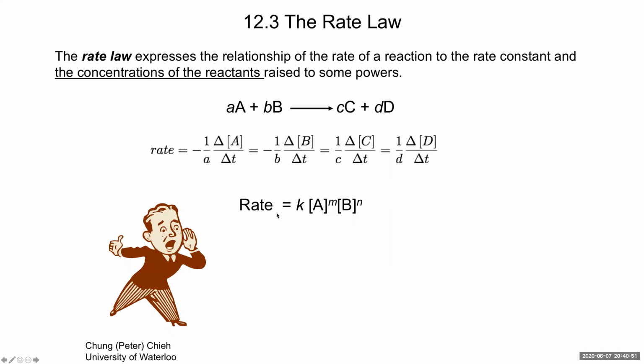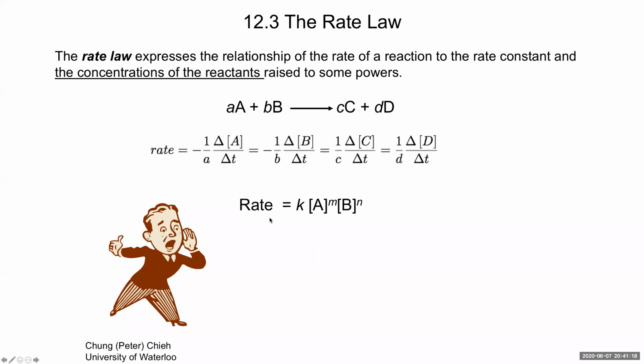Since the rate is proportional to concentration, if you add a constant in there, you can get an equation that equates the rate to this constant times the concentrations of, in this case, the reactants. Oftentimes rate laws are written in terms of the reactants, but they don't have to be. They can be written in terms of the products also.